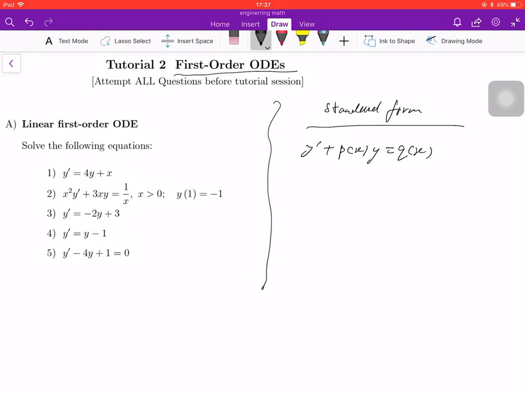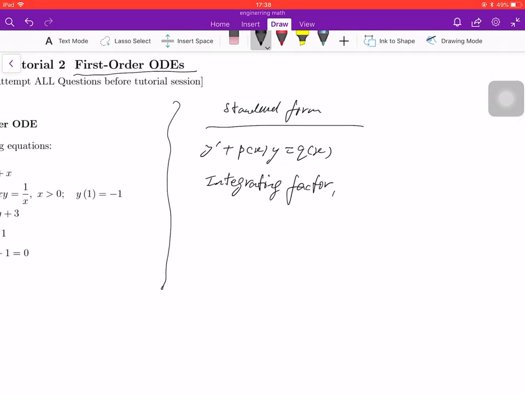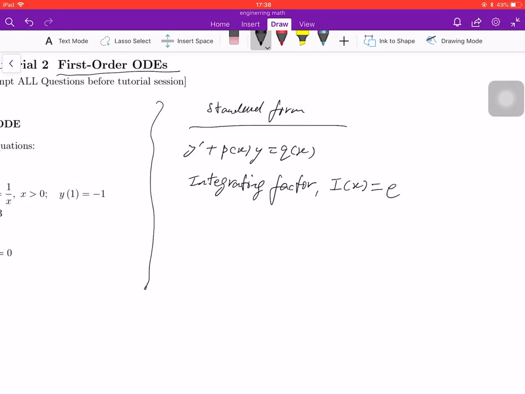For this standard form, we have a standard formula to calculate the solutions. The first thing we need to do is find the integrating factor, represented as I(x). The integrating factor has the formula exponential of the integral of p(x) dx.